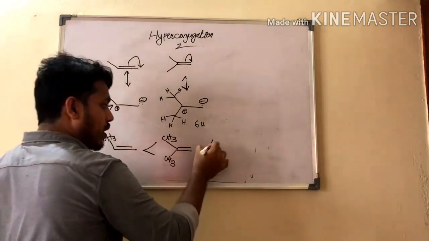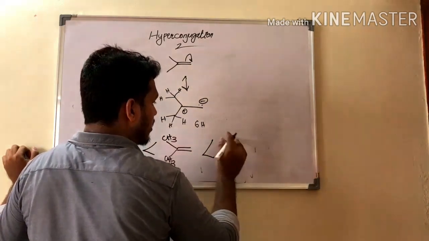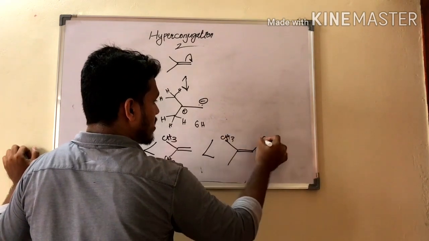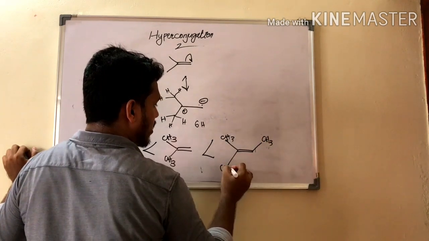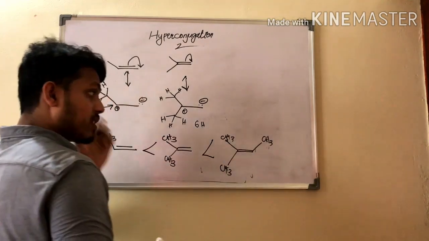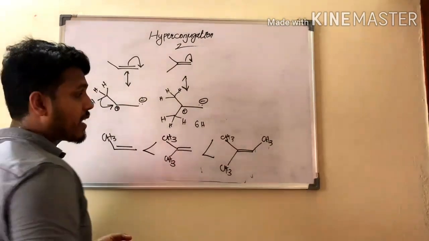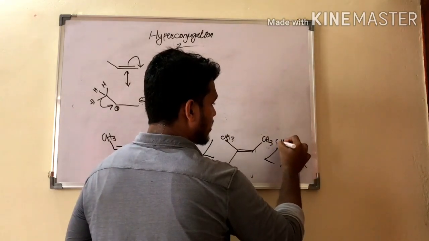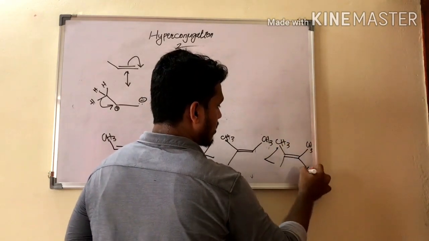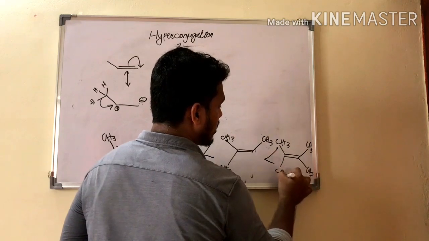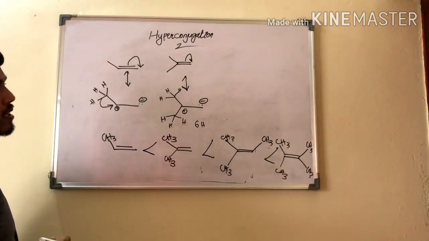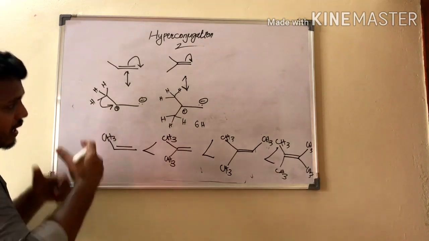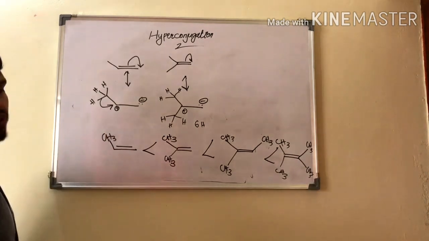Okay, if you take another system, CH3, CH3, here you can expect 9. Suppose your alkene is like this, 12 hyperconjugations are possible. So this is another application of hyperconjugation.